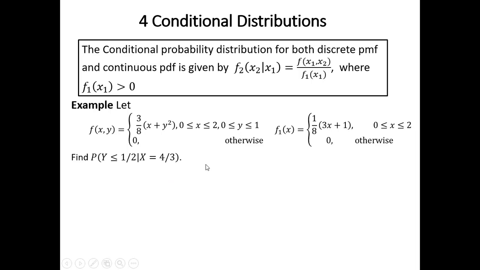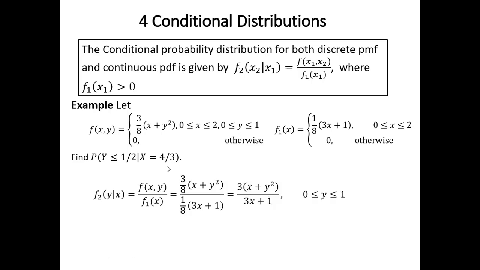Now suppose we're asked to find the probability y is less than or equal to 1/2 given x is equal to 4/3. We'll approach this in roughly 3 steps. First, we put together the conditional distribution, f2 of y given x, the original PDF over the marginal with respect to x. So that's what we've done here.